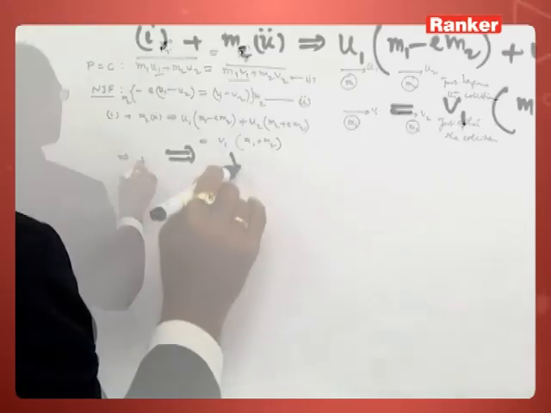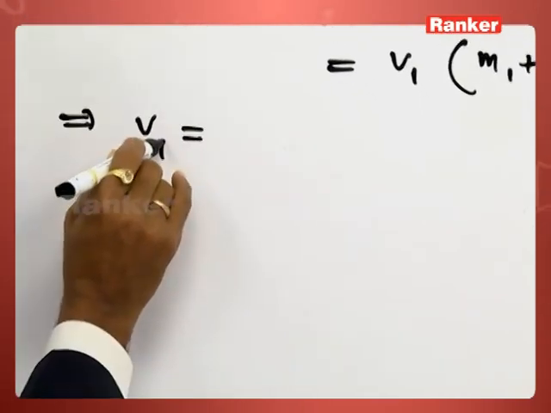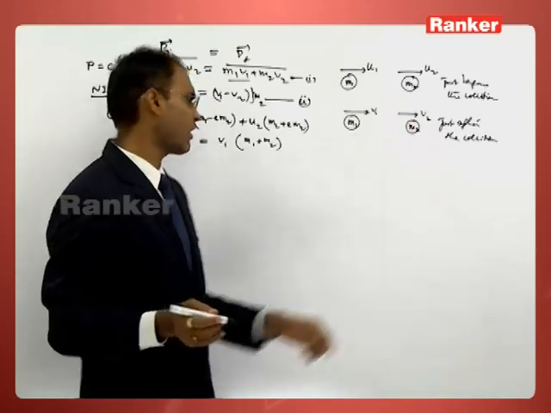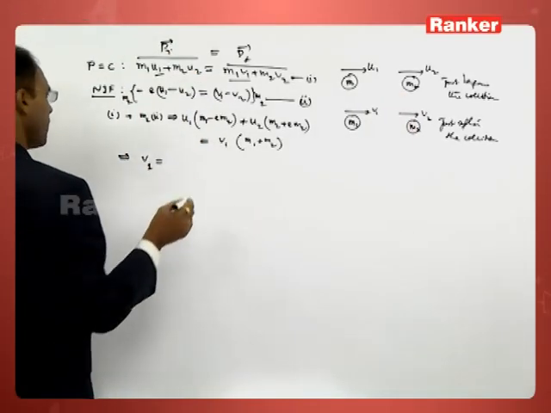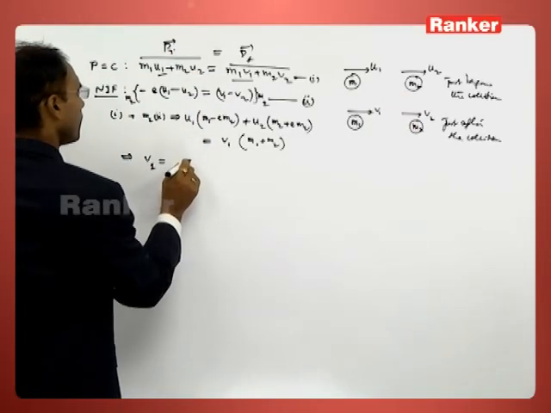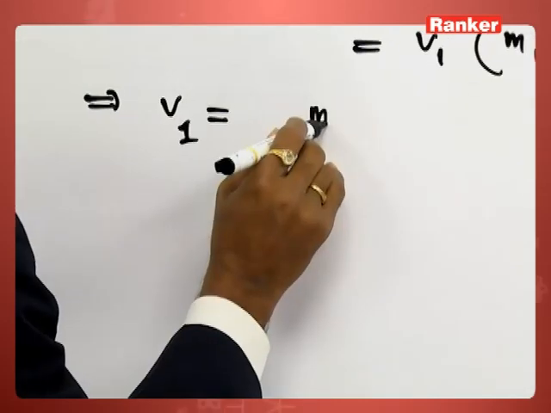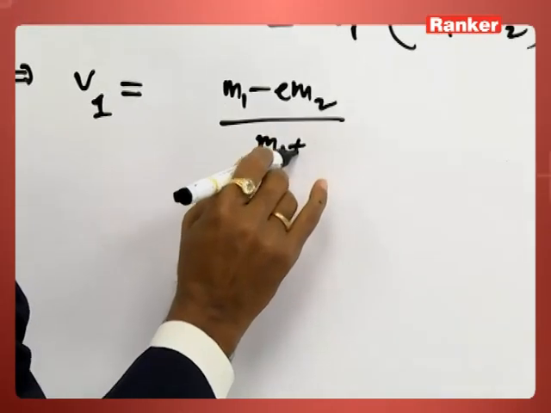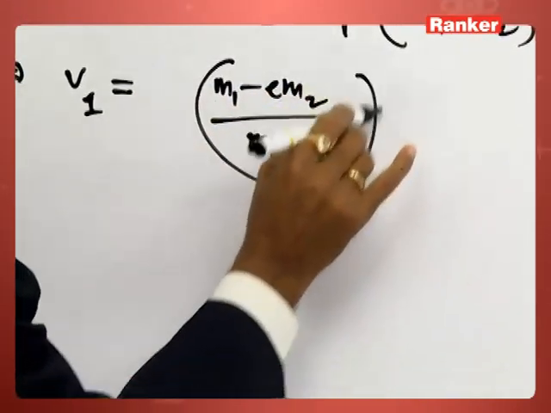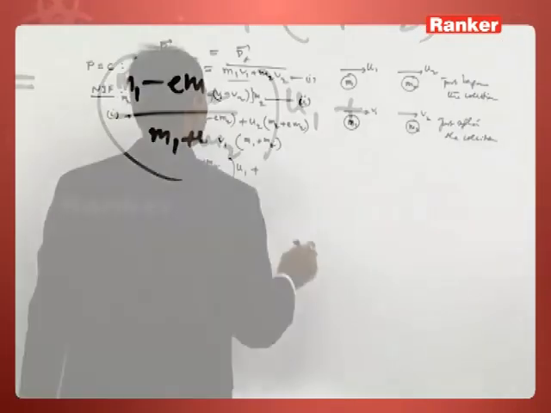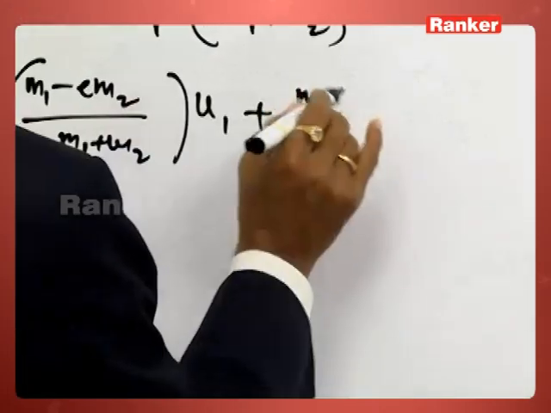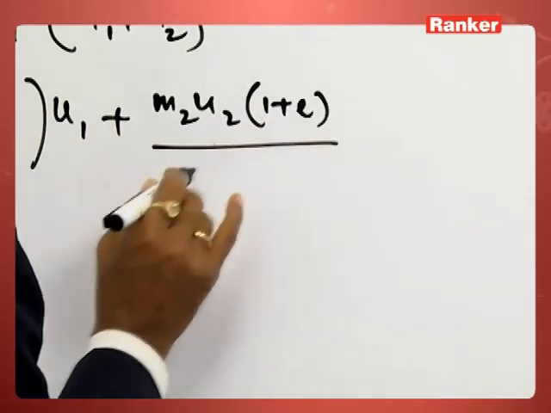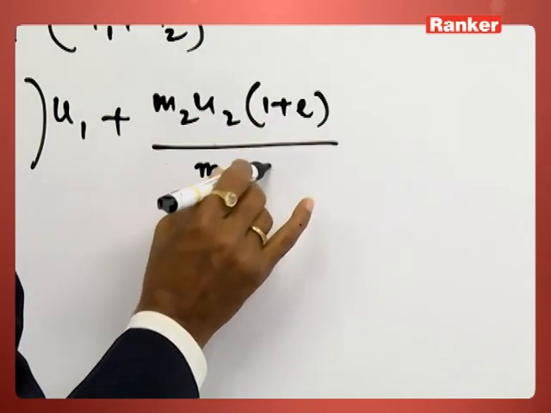In the next step, you are getting v1, the final velocity of this first body just after the collision, that is v1 is equal to m1 minus e m2 by m1 plus m2 into u1 plus m2 into 1 plus e by m1 plus m2 into u2.